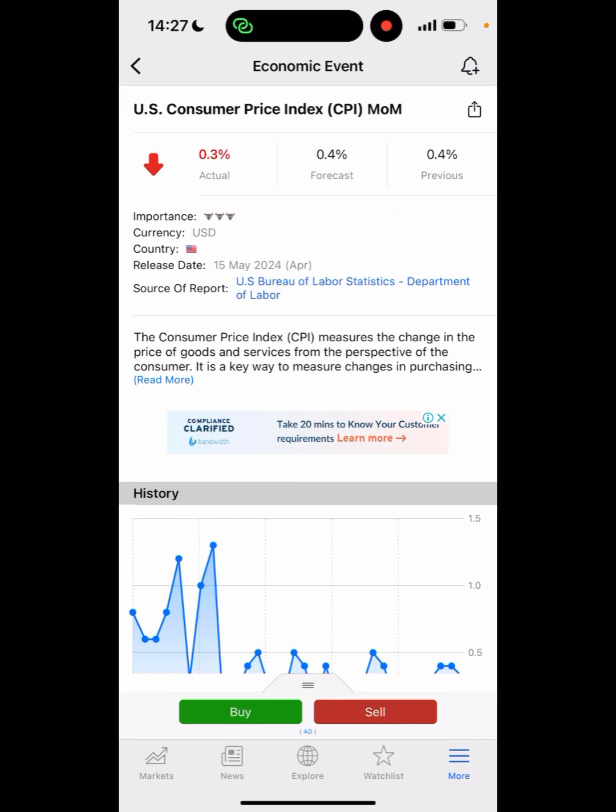So now we can see that actual is 0.3% and previous is 0.4%, which means we're gonna buy gold and we're gonna sell USD.